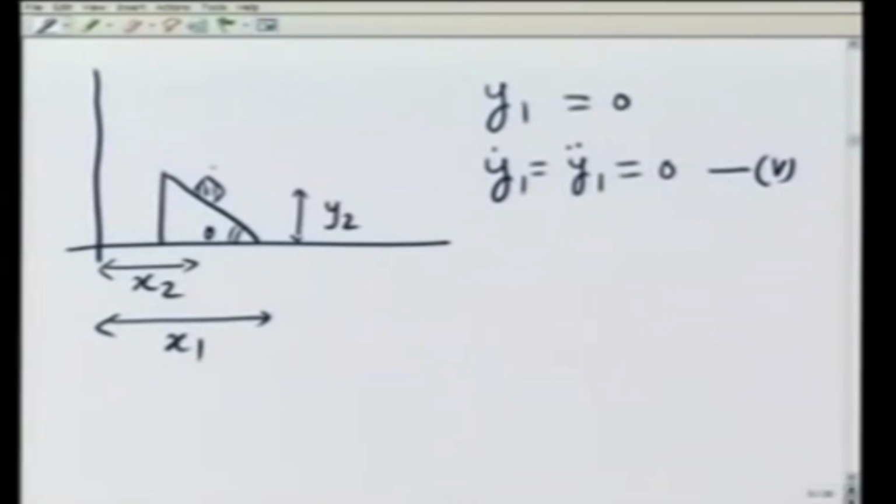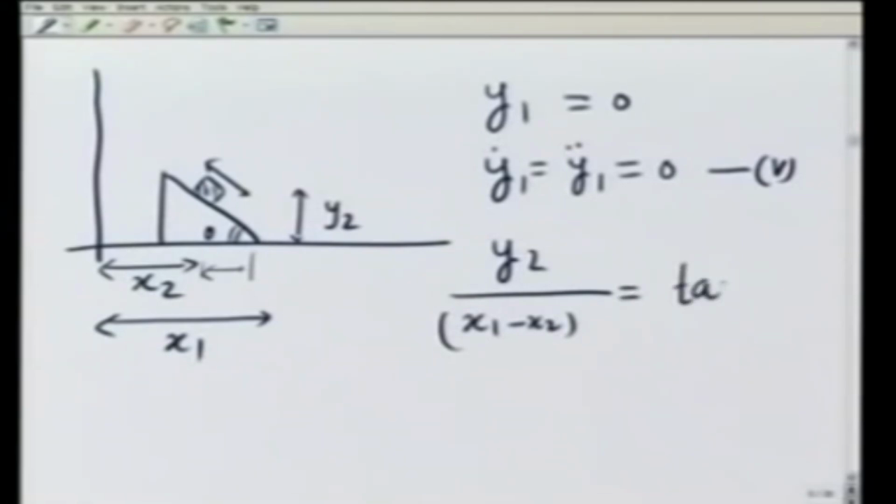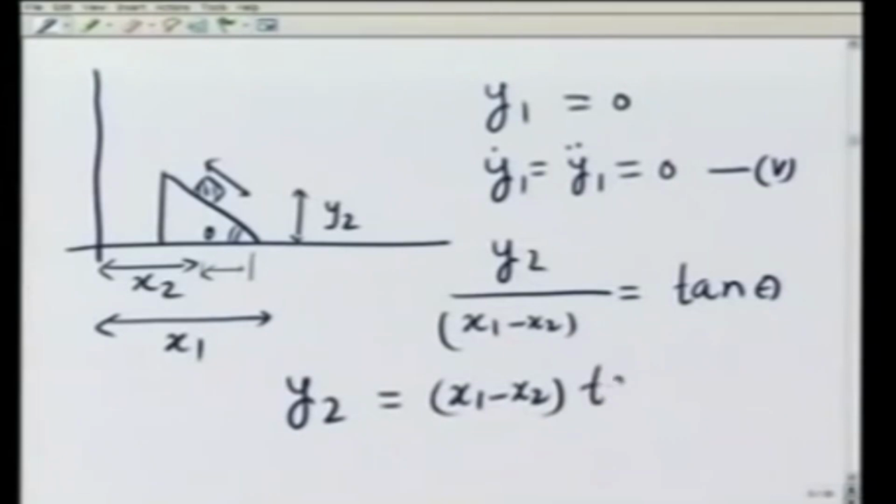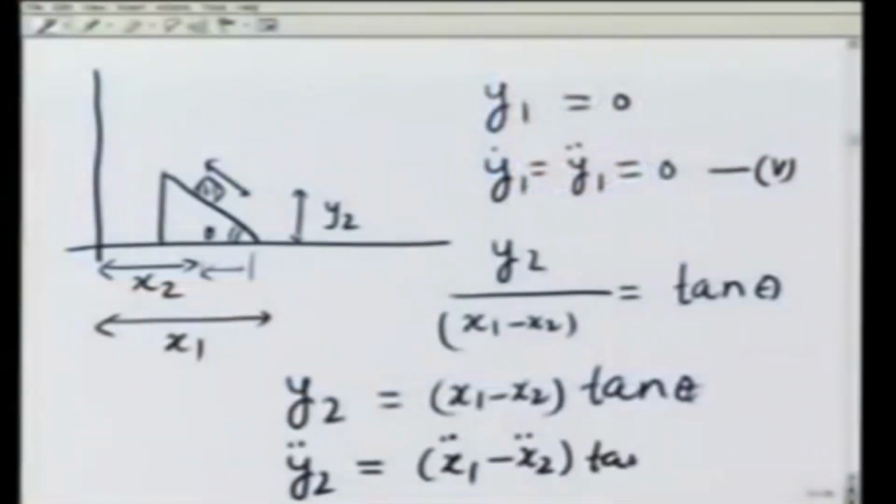And the block always moves on this inclined plane, and that means y2 divided by this distance, which is x1 minus x2, is fixed, is equal to tangent of theta, and therefore y2 is equal to x1 minus x2 tangent of theta, or y2 double dot is equal to x1 double dot minus x2 double dot tangent of theta.